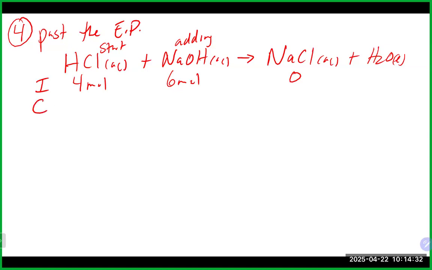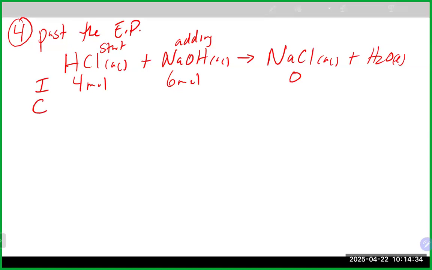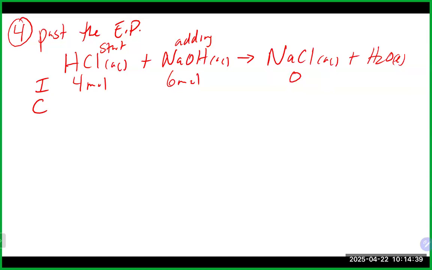Now, a switch occurs at this point because, frankly, if you just think about what you're doing, you're just dropping base at this point, really. And the HCl actually now becomes the limiting reagent as it's the smaller number. And you have plenty of sodium hydroxide because all you're doing is just keep dropping it in, right, at this point. So the change here, again, should always be the smaller number so you do not get a negative.